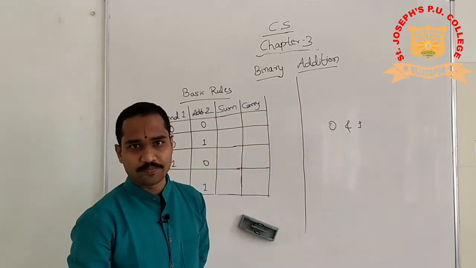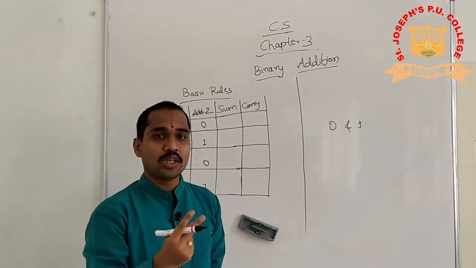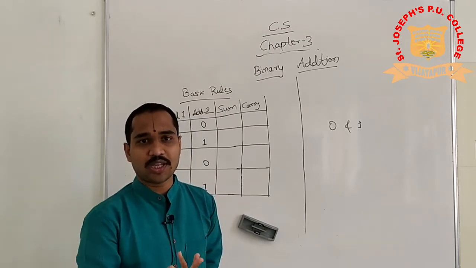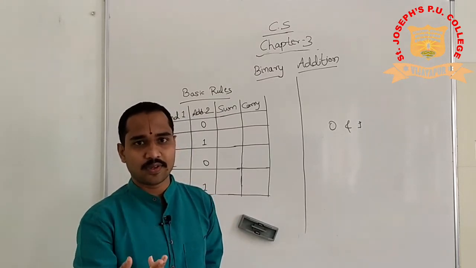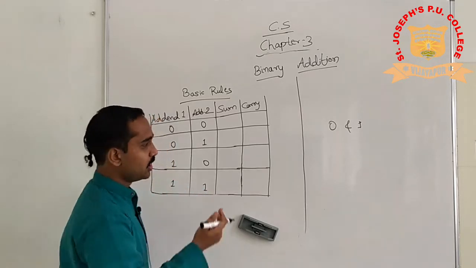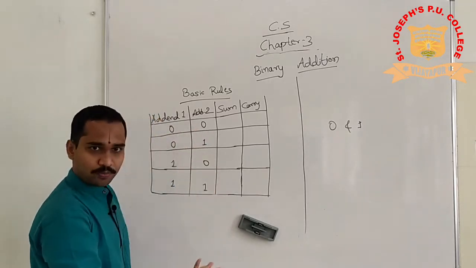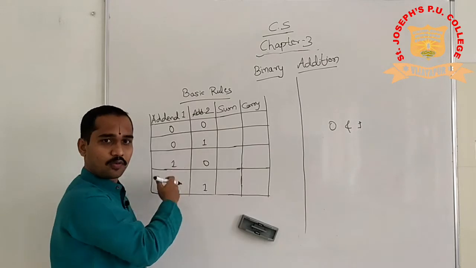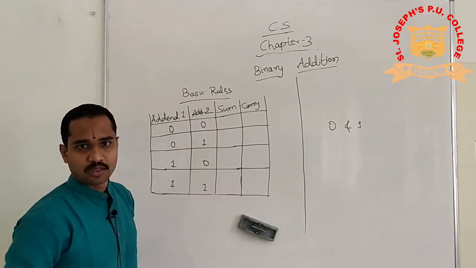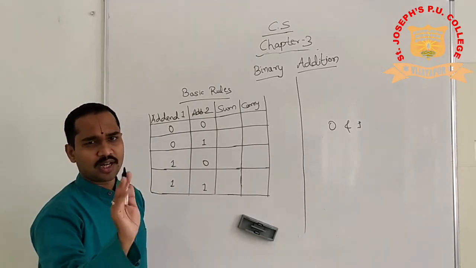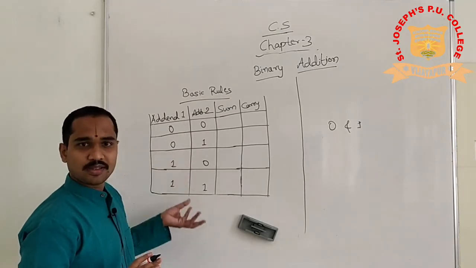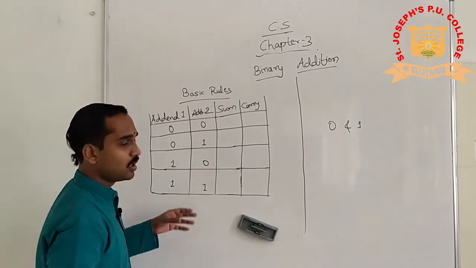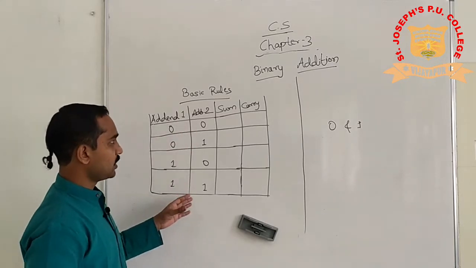With these two digits, how many combinations can you form? Think for yourselves. You can say either 0 plus 0, or 0 plus 1, or 1 plus 0, or 1 plus 1. Four combinations are possible when there are two digits. Am I right? Is there any other combination possible? No. So four combinations are there.